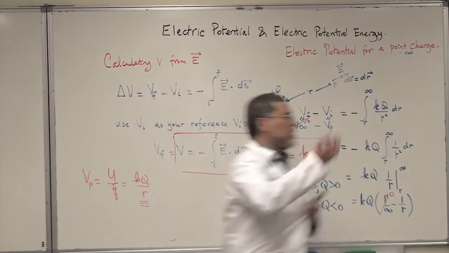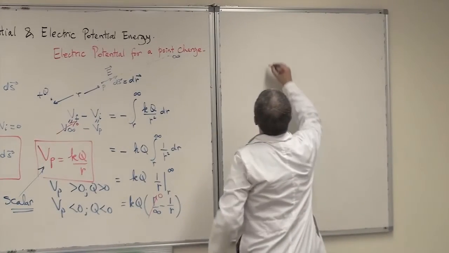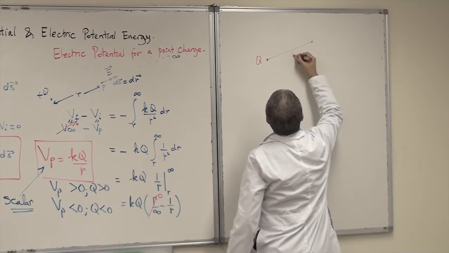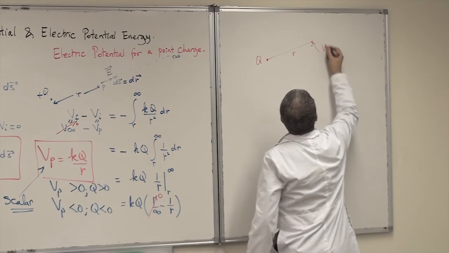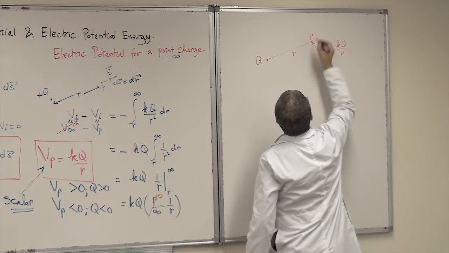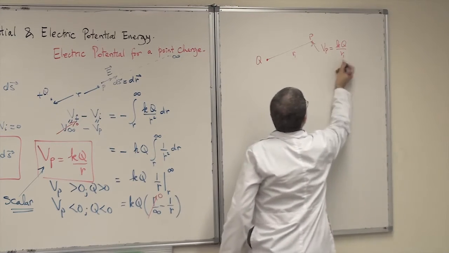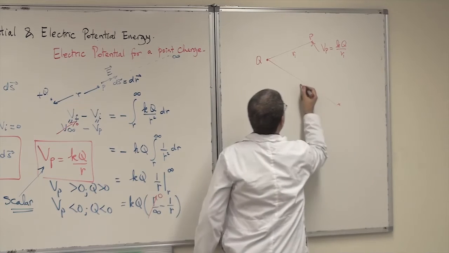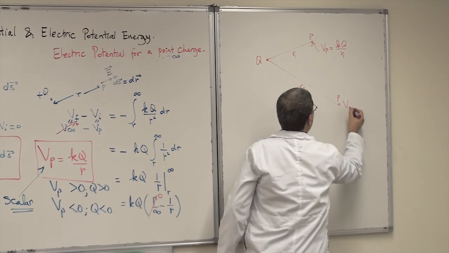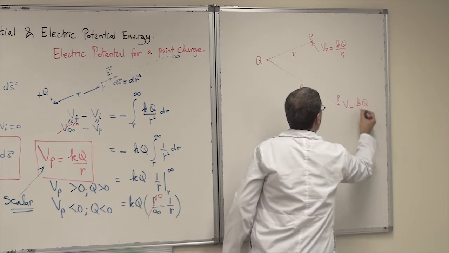So my son, you can come here and take a charge Q, and tell me what is the potential here at the distance R. The potential at this point is KQ over R at point P. If I go to another point here, R2, a point P, then V at this point will be KQ over R2.